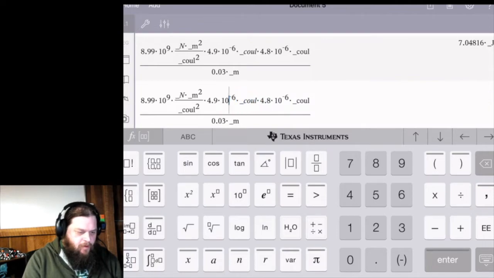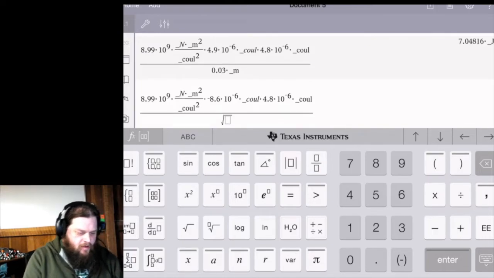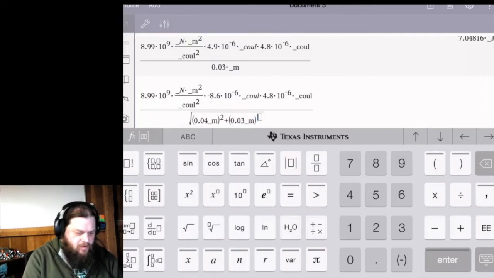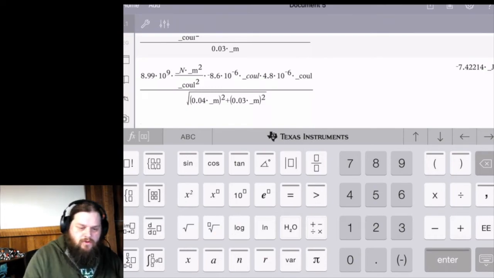So we still have that 4.8 on the top. Now we have a negative 8.6 as well, and on the bottom we'll put a square root sign of 0.04 meters squared plus 0.03 meters squared, and we're at negative 7.42 joules.